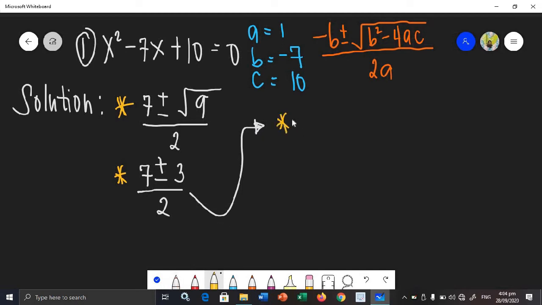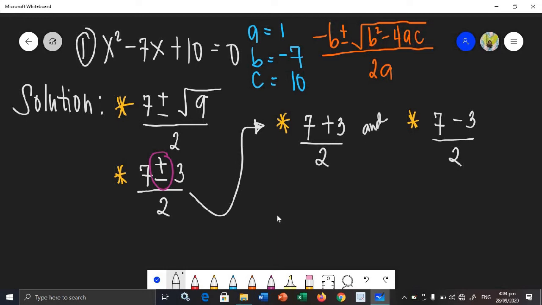We have 7 positive, negative 3 over 2. So, we need two solutions, right? So, we just alternate the sign. Okay? Positive and negative. So, on the first solution, we have 7 plus 3 over 2. Okay? And then on the other solution, we have 7 minus 3 over 2.